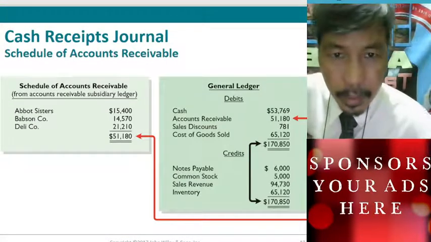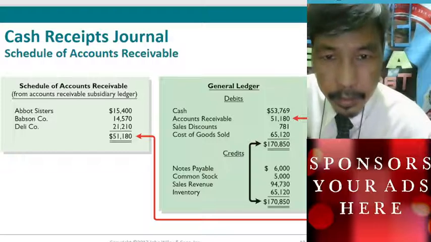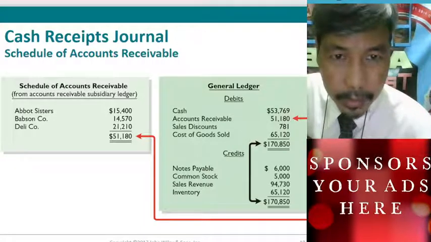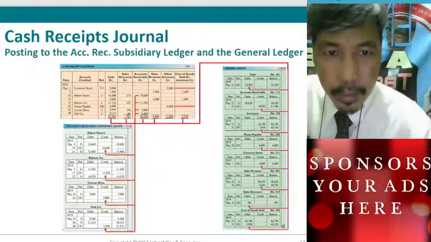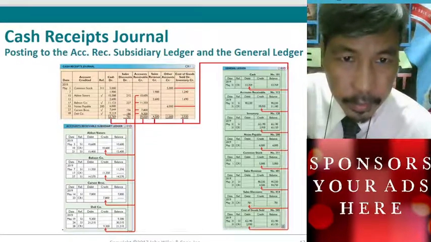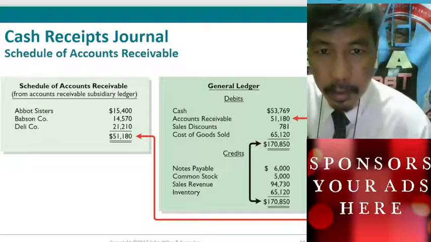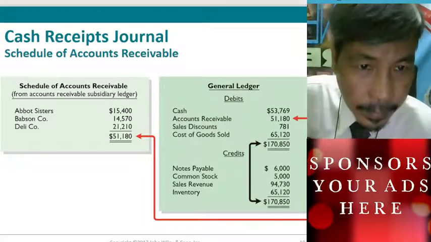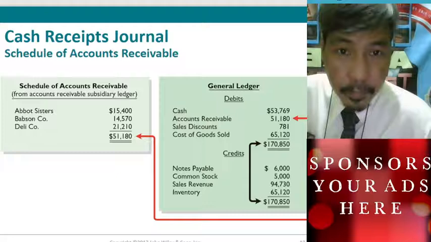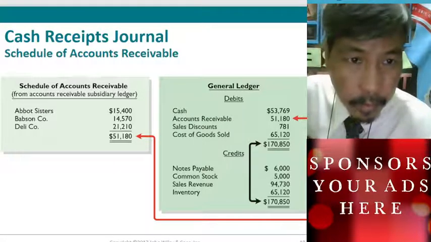Cash receipts journal. How about the cash receipts? You can also look back at the cash receipts journal. So here, cash. You have cash transactions there, so you can look up the schedule of accounts receivable.